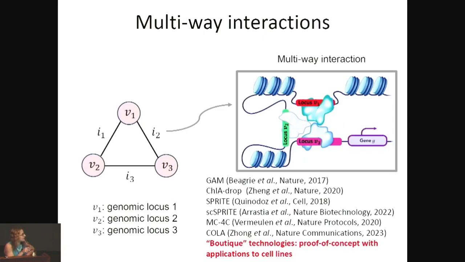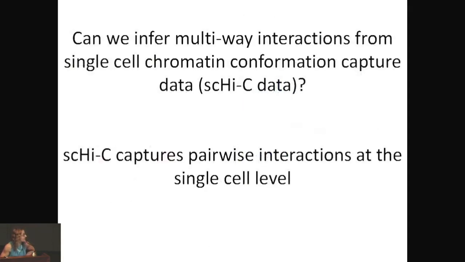Okay? So there are indeed, in the last few years, special technologies to profile these types of multi-way interactions. I have a list of them here, and they all have proof of principle in different cell lines. But I would still consider them boutique technologies because there's one paper and then maybe 2 data sets on that type of technology. So then we ask, is there a way to learn multi-way interactions from scHiC data, or single-cell HiC data? Okay?